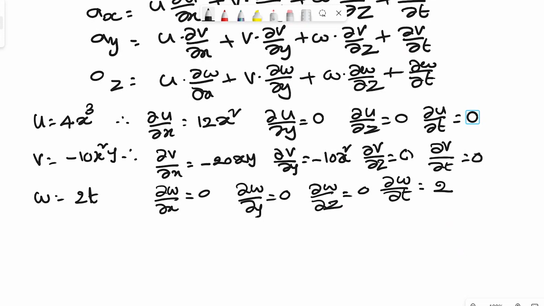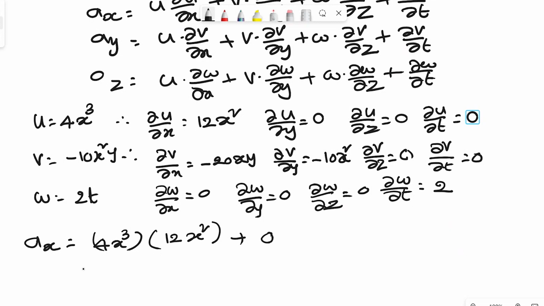Now substituting all this in that equation. ax is equal to u into dou u by dou x, that is 4x cube into 12x square, plus dou u by dou y is equal to 0, and all the remaining terms are 0.